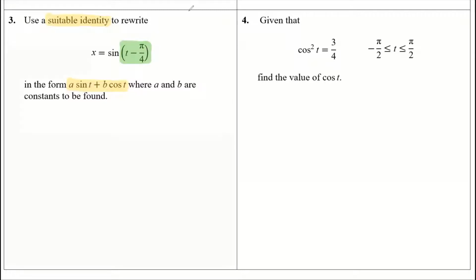I'm going to go back to what's in the formula booklet, and everything you need is there in this instance. We're going to use the compound angle formula for a subtract b and taking the sine of it. So sine of a subtract b is identical to sine a cos b subtract cos a sine b.